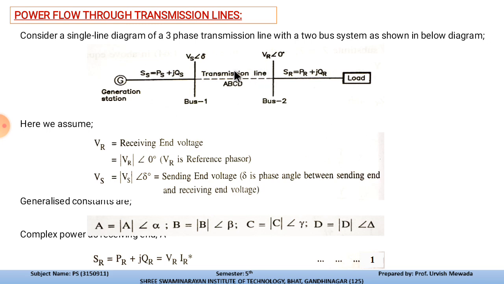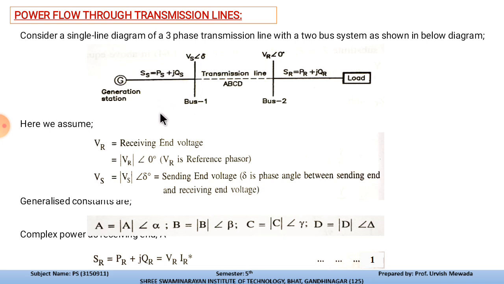Here we assume that VR is the receiving end voltage, and as usual we take VR as a reference, so VR is at angle 0. Vs is at angle delta, because delta is the phase angle between the sending end and receiving end voltage.